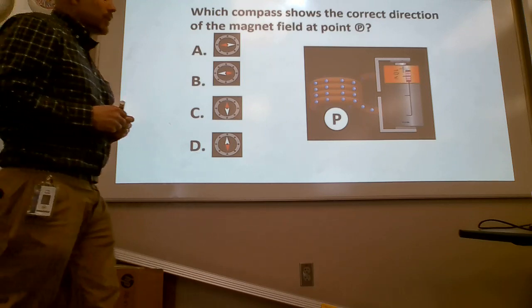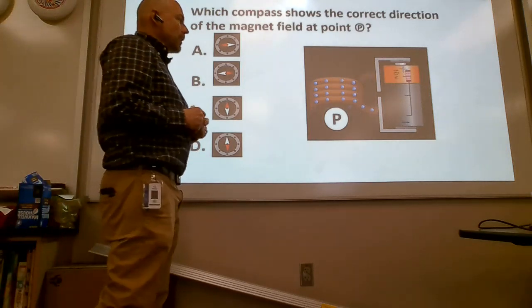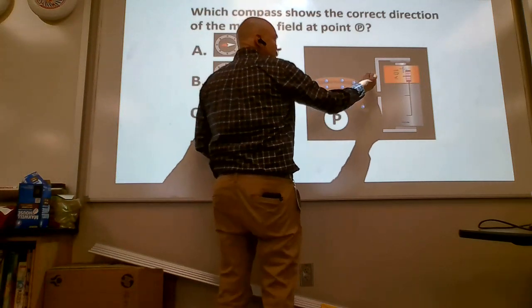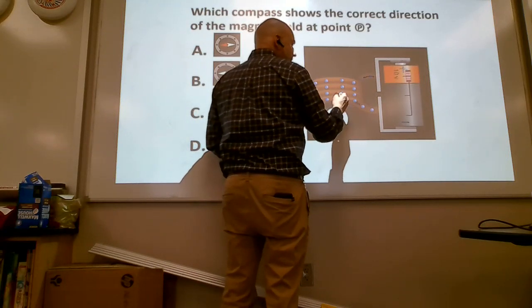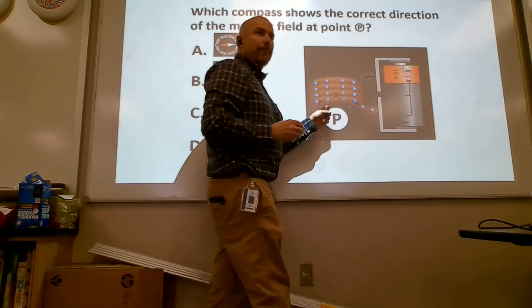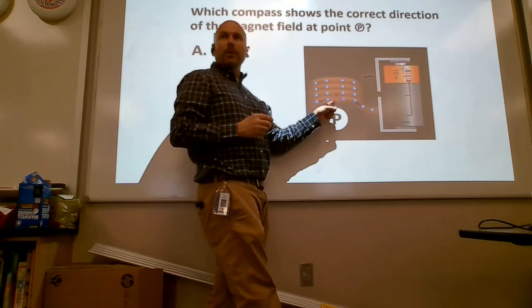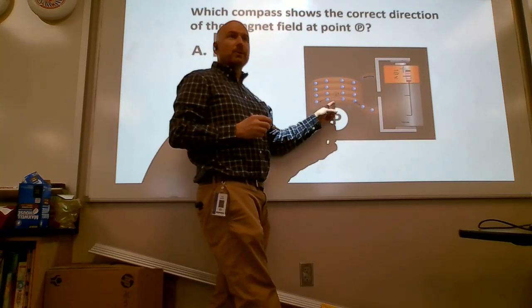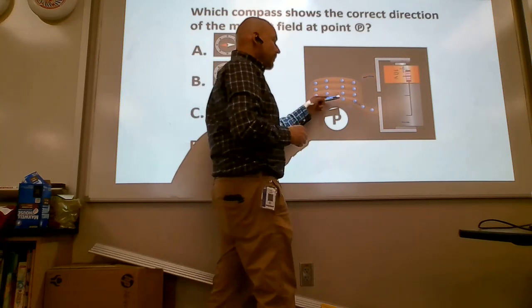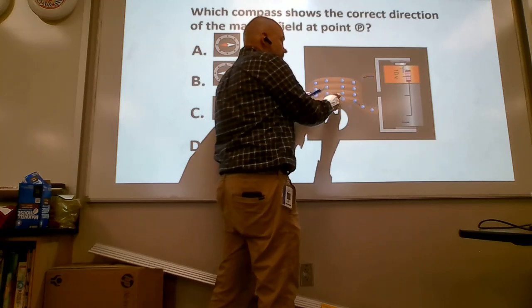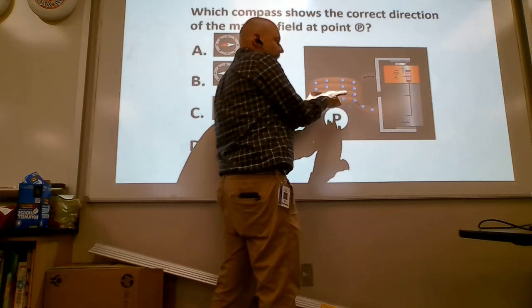So the current is going out of positive into negative. I'm focused on this part of the coil, the part of the loop that's closest to me. I'm going to grab this wire with my thumb going to the right.